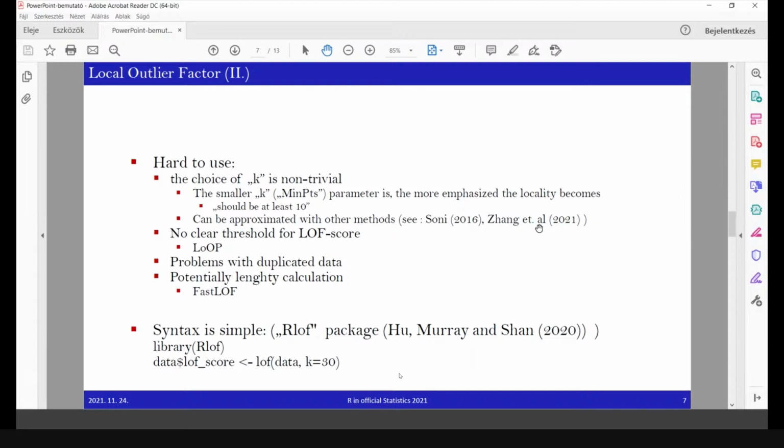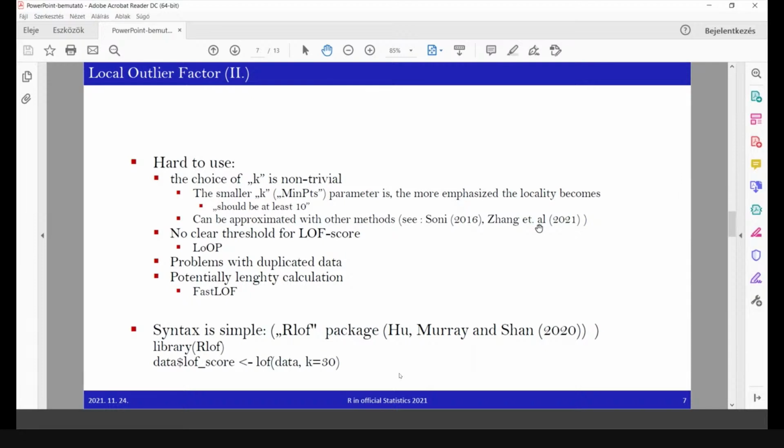Or there is another algorithm by the same authors called the local outlier probability, which assigns probabilities. And as statisticians, we like to deal with probabilities rather than these rather subjective methods.